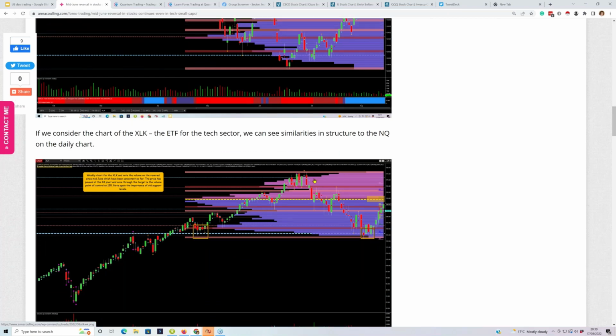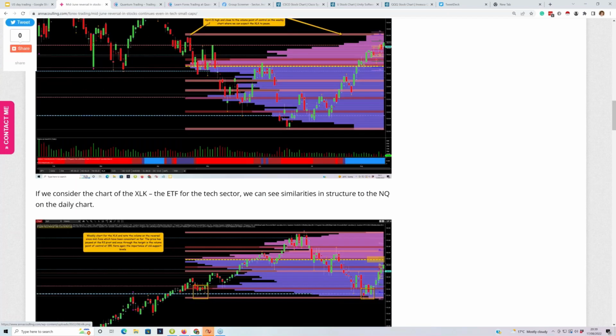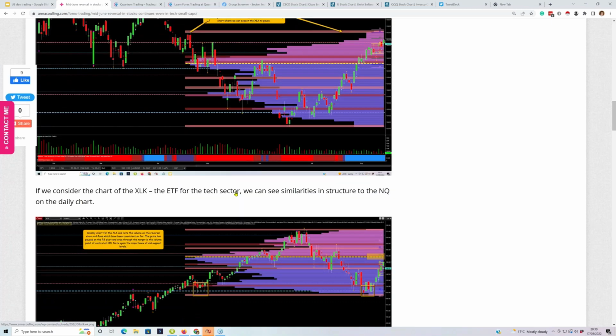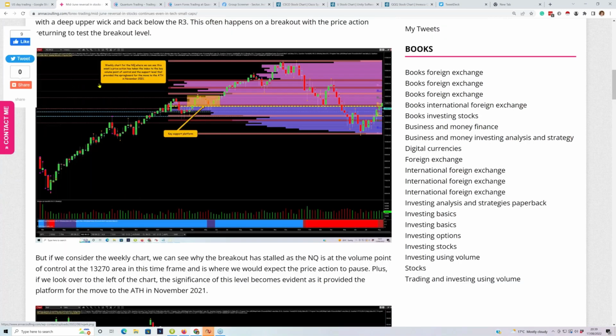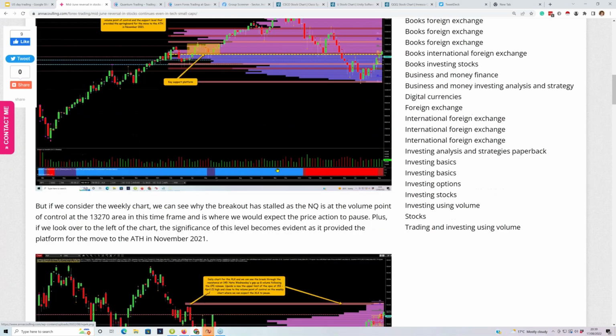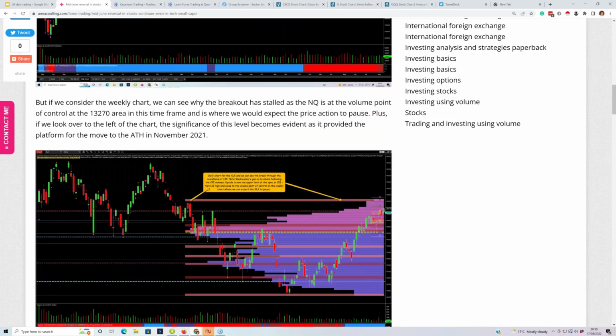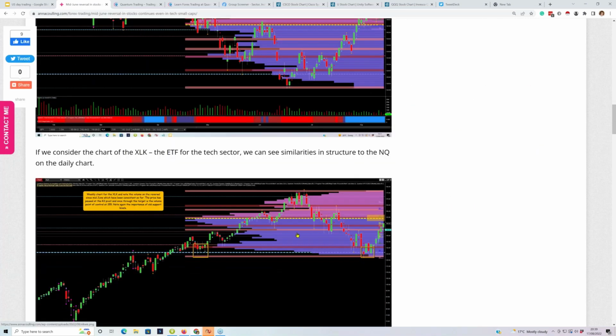What's interesting for something like the XLK and also the longer term charts, the weekly charts, is that they're all coming up to quite significant points of resistance. So, for example, if we look at the XLK here, which is on the weekly, they are now reaching the volume point of control.